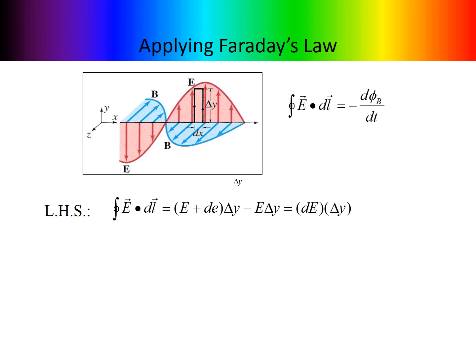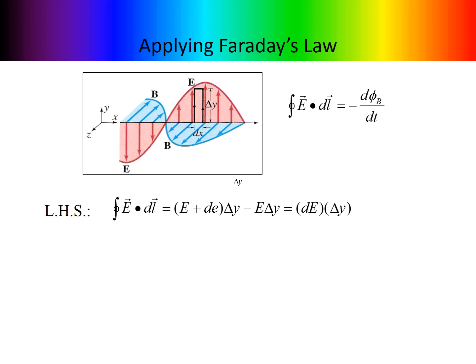So E dot dl is 0. The top and bottom do not contribute anything, so the sides are the only contributing lengths. Each side has length delta y, as shown.